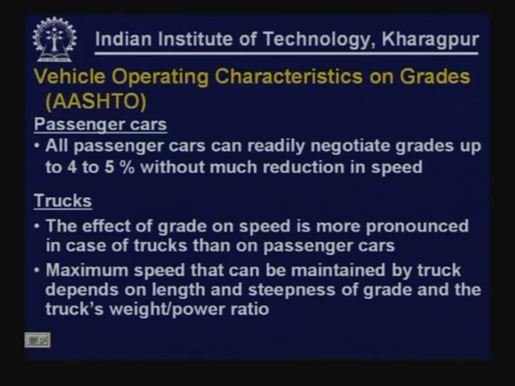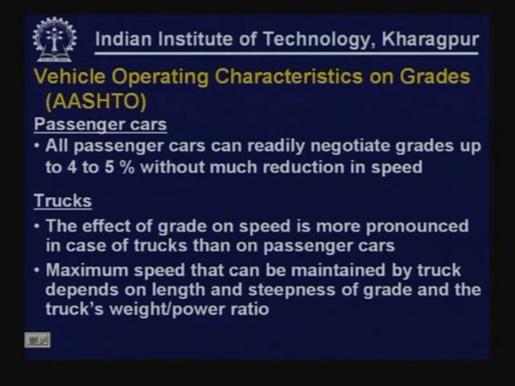Now, what happens if the design vehicle is a commercial vehicle or a truck instead of a car? The effect of grade on speed is more pronounced in trucks than on passenger cars.